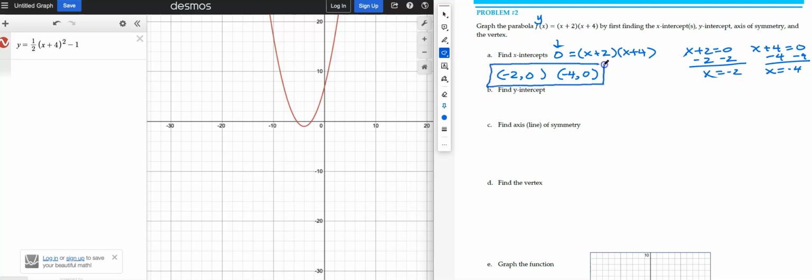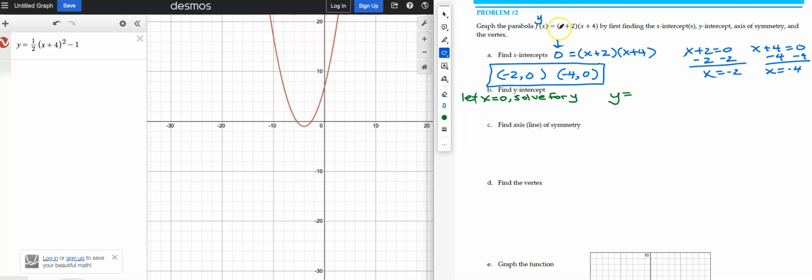Awesome. But now let's try to find the y-intercept. Just like we did on the last one, for the y-intercept, we're going to let x equal 0 and then solve for y. I'll write this down, that f of x is y.